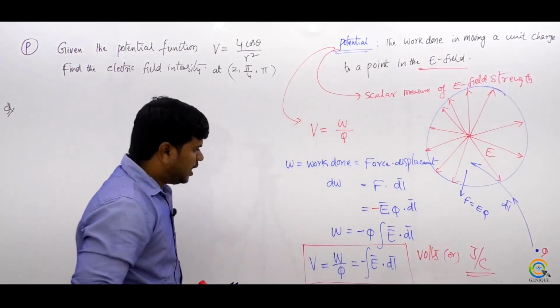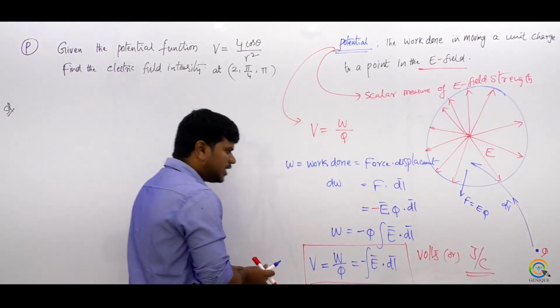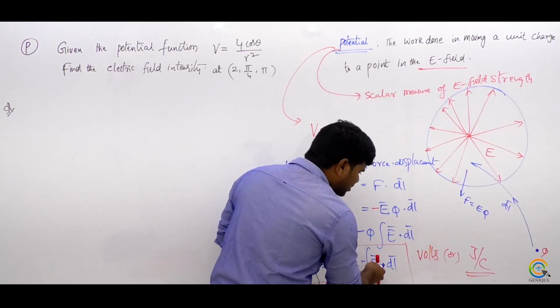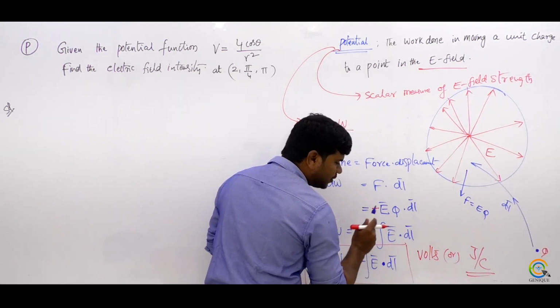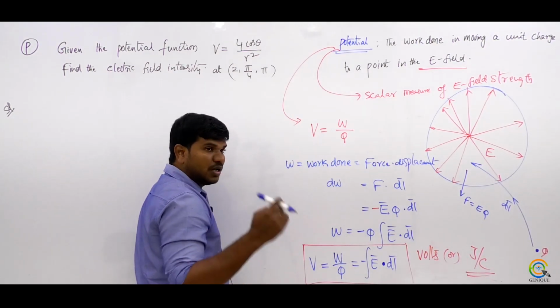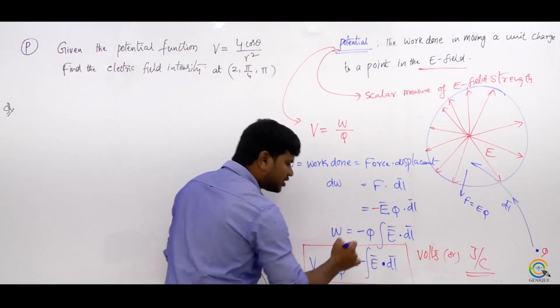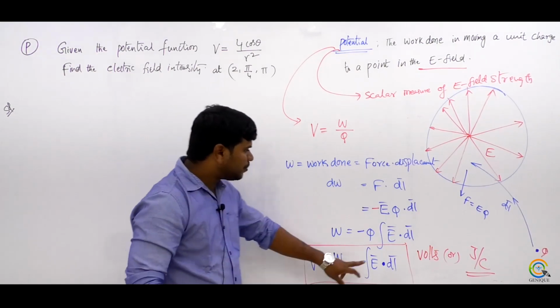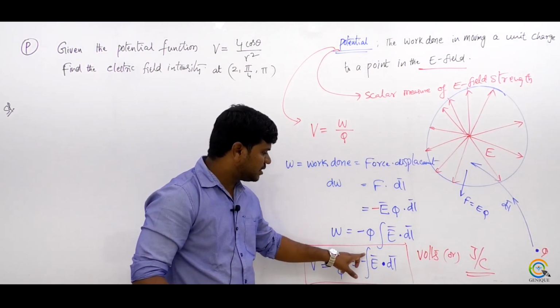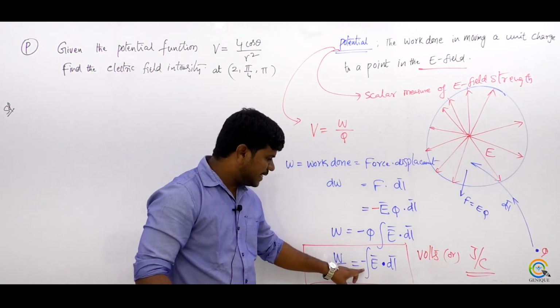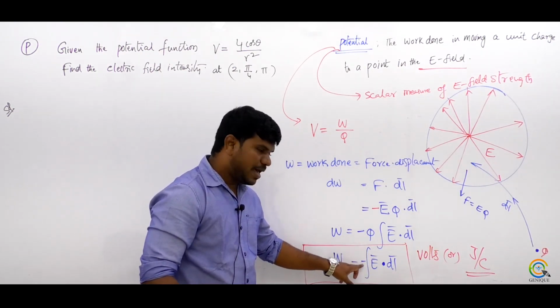So that means what? It is the work done. Already we know work done is nothing but some vector integrated with dl. Suppose if we put a closed line integral here, what happens?